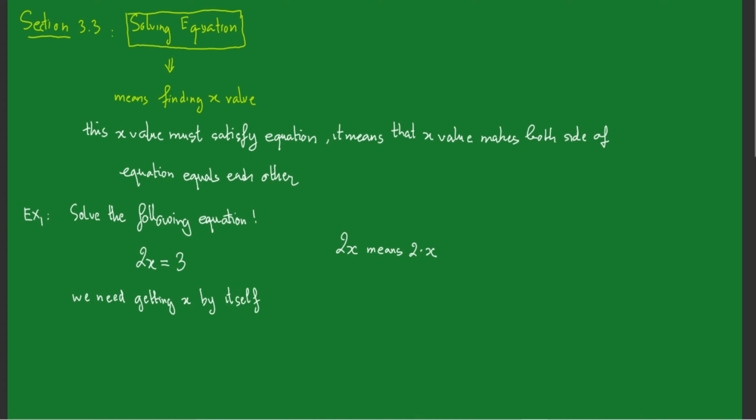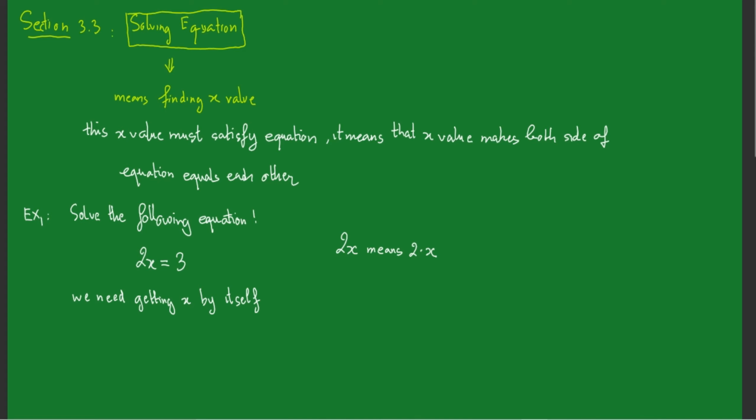I mean that I need to isolate the x value on the left hand side. I don't want anything else on the left hand side except for the x variable.